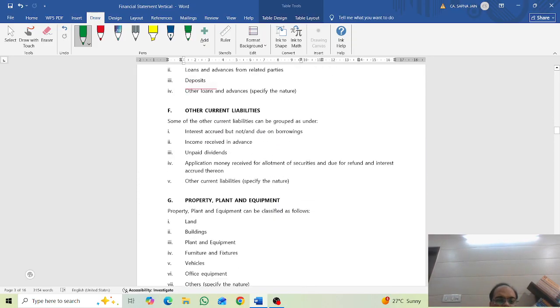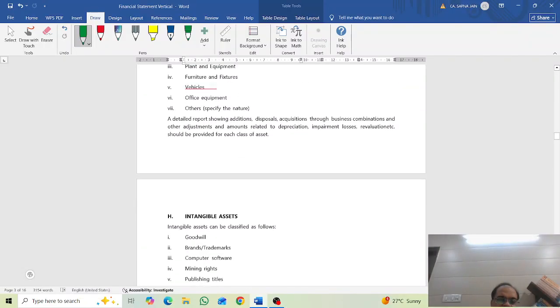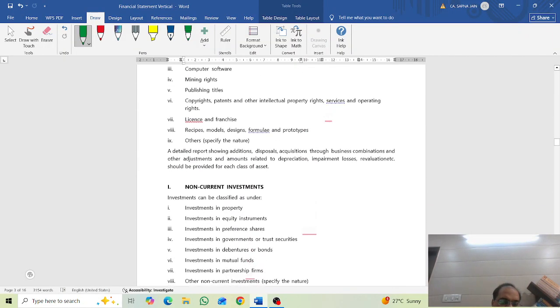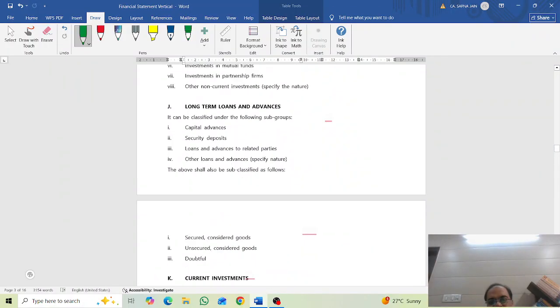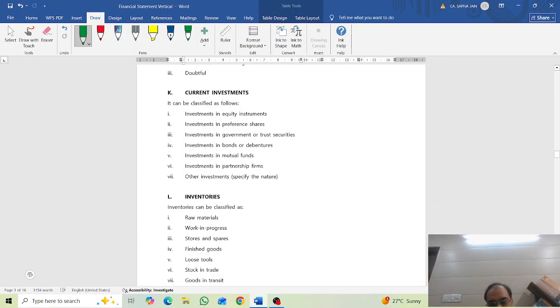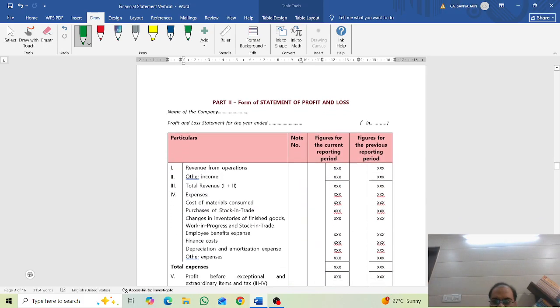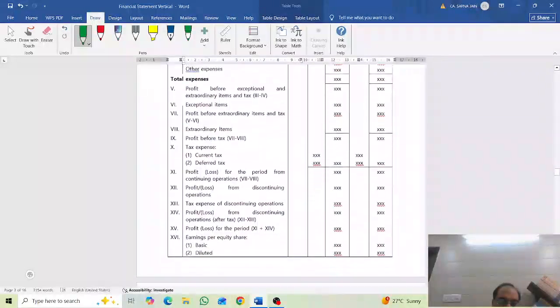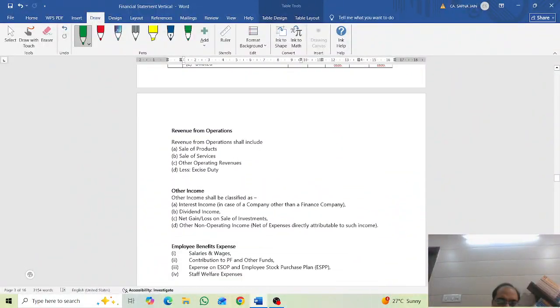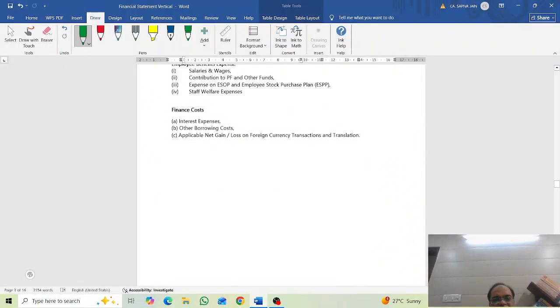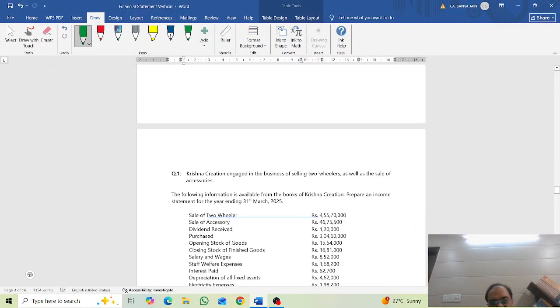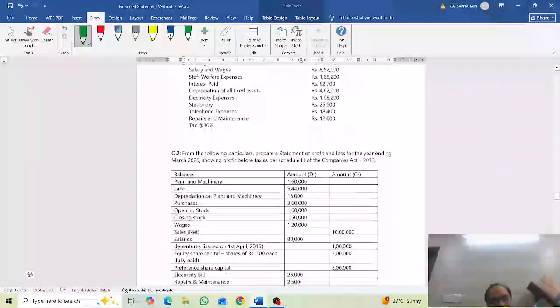Now, how to prepare the balance sheet and the profit and loss account without adjustment. After this question, we will read some of the adjustments to prepare the balance sheet and profit and loss account.